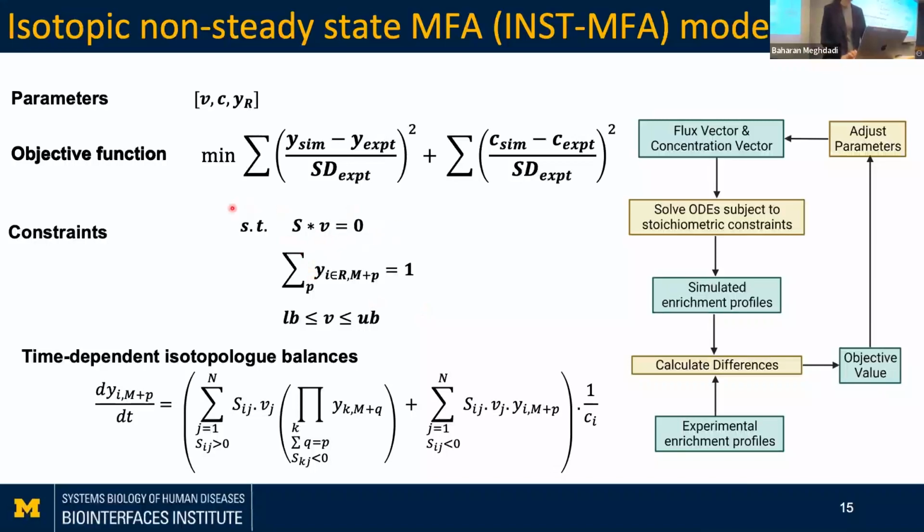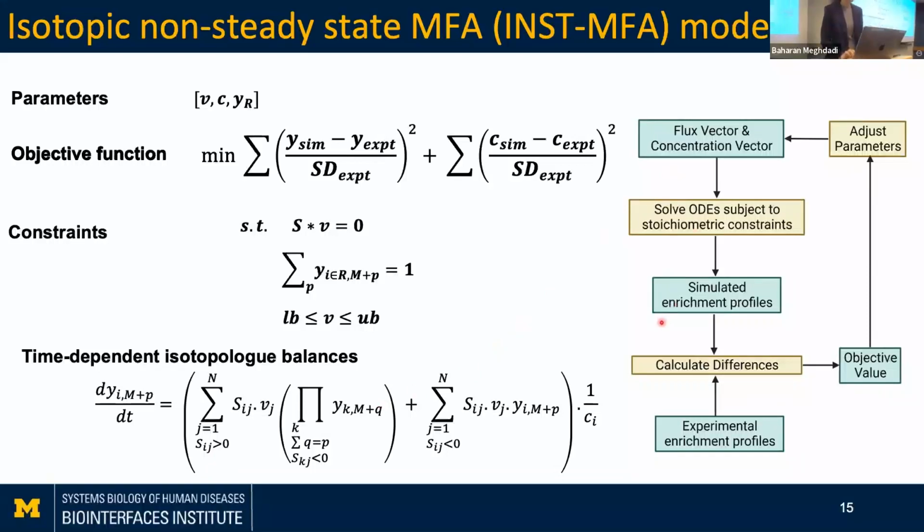So this one shows the overall mass balances on the system. And we know that the enrichments should sum to one for each of the metabolites. And we set a bound on flux values to be in a reasonable range. And this is the equation that I showed you in the previous slide, but generalized for all the metabolites. And this is the time-dependent isotopologue mass balances.